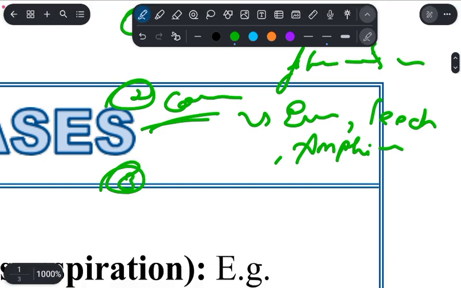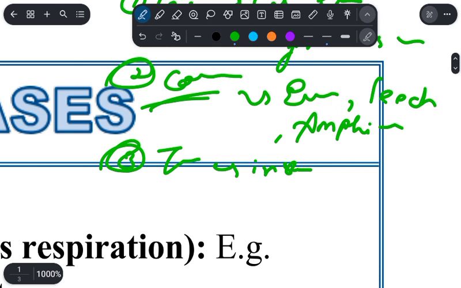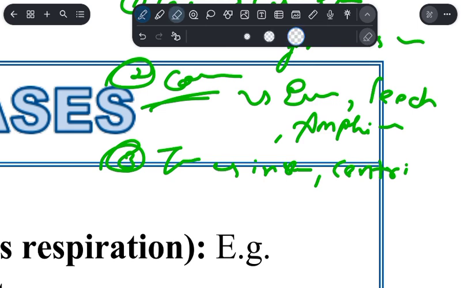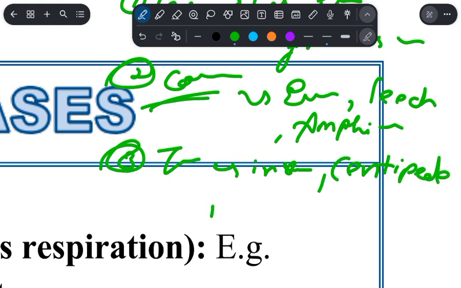Then third one is your tracheal system. The tracheal system contains insects, and then centipede, millipede, and the last and final is spider here.